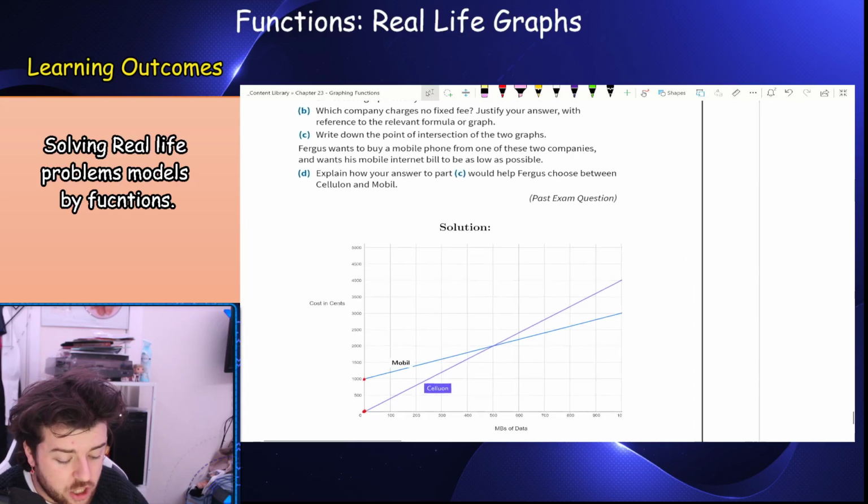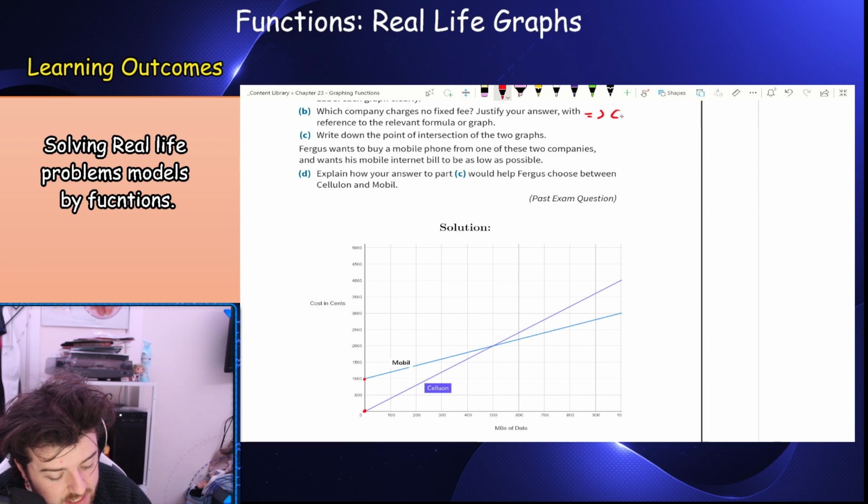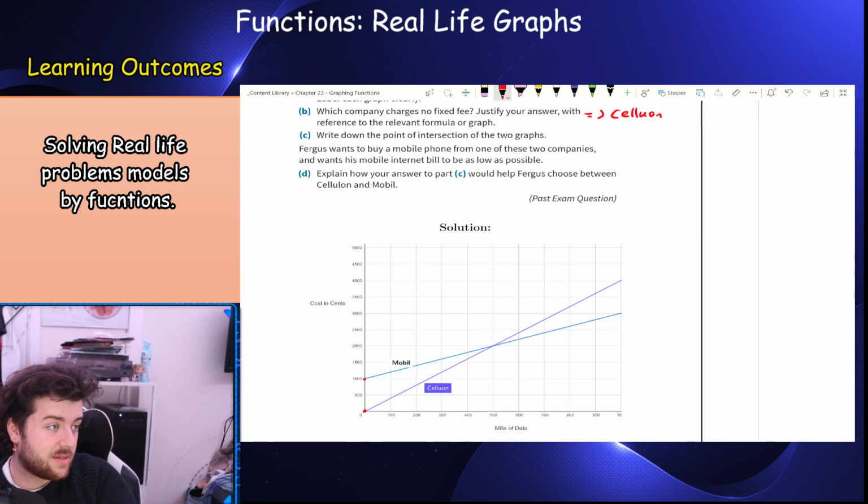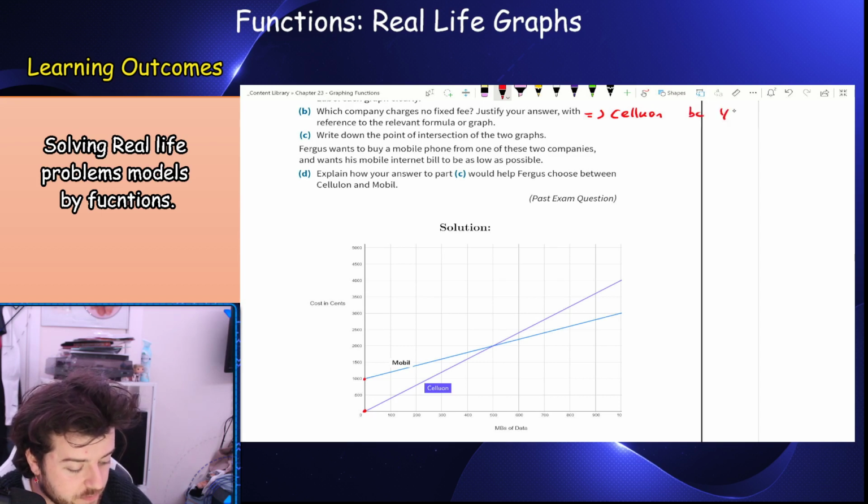So which company charges no fixed fee? Justify your answer. The answer here is going to be Cellulon, because they charge €0 for 0 megabytes. So they have no fixed fee because their y-intercept equals 0.